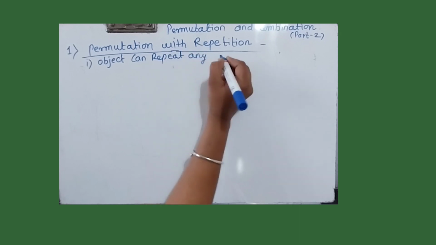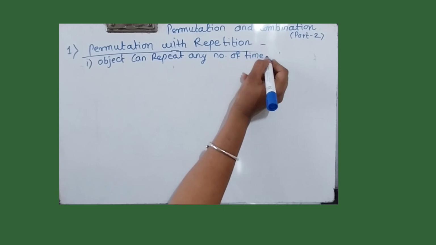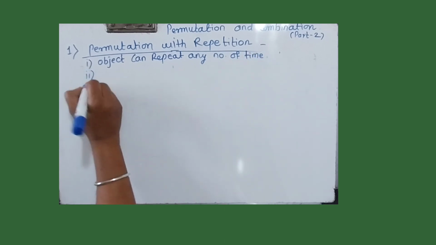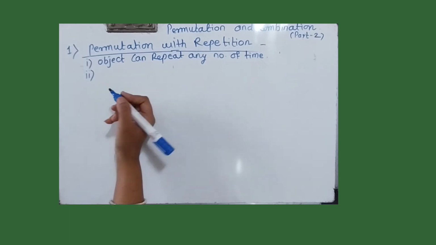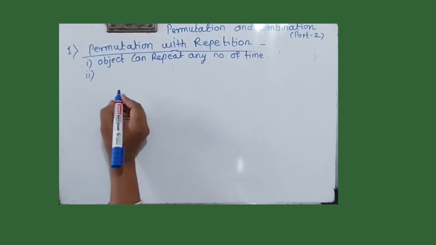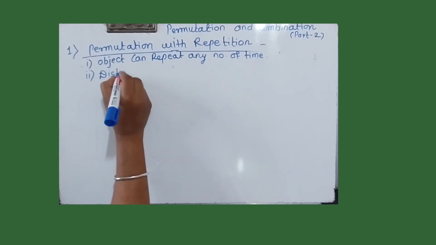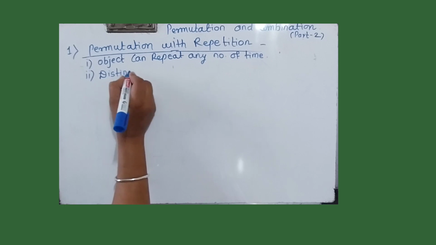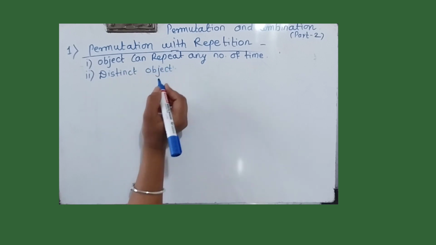And the second one is distinct object. Distinct object with repetition. Distinct object, how is it?